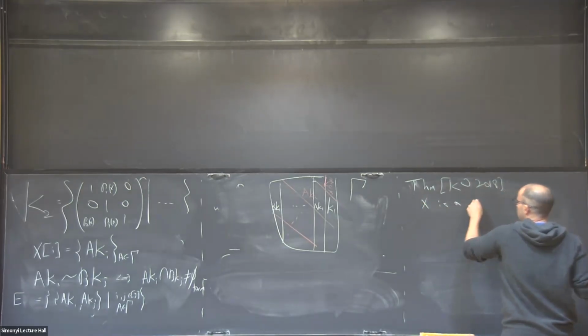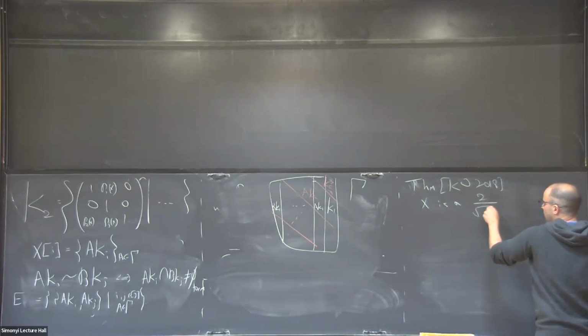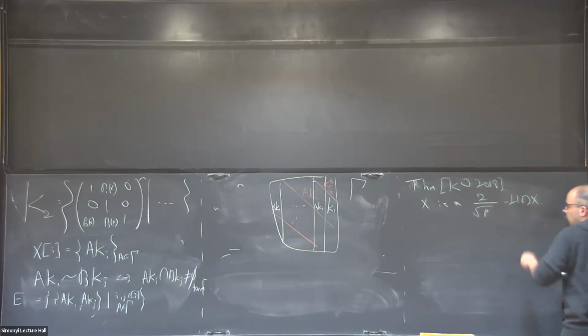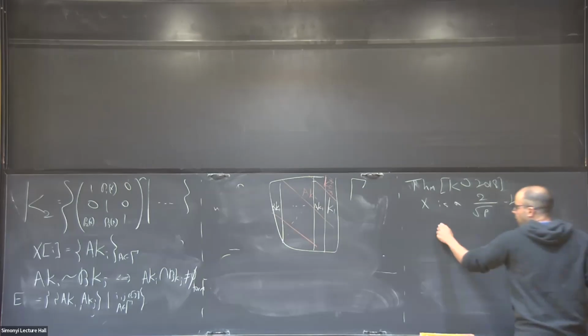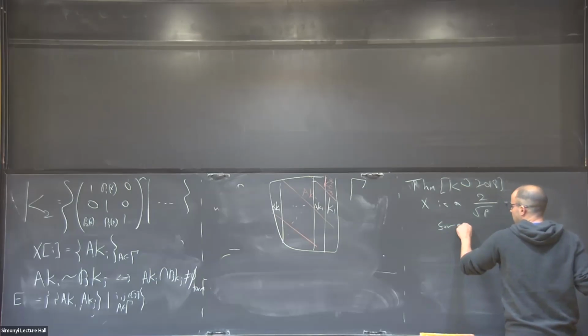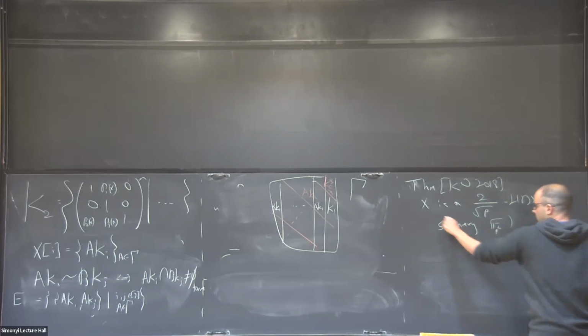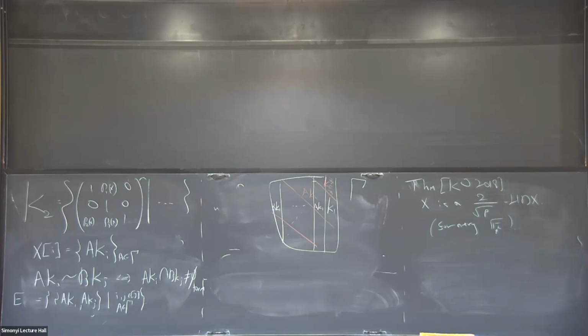X is a 2 over square root p high dimensional expander, where p is the base field size. Of course, for every field extension. So no matter what field extension you get, you still get this, which is nice.